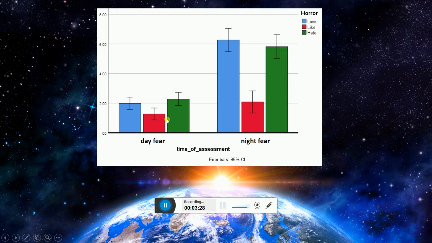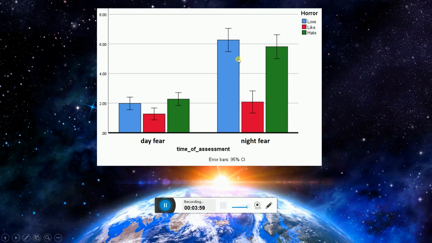Now, it appears as though there may not be a difference between love, like, and hate in terms of their fear scores during the day. But over here, during the nighttime fear condition, it does appear that people who love horror movies or hate horror movies report more fear at nighttime relative to the group here who only likes horror movies.